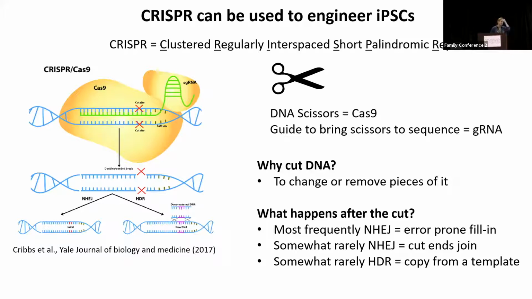And then the third thing that happens, even more rare, it happens about 5% of the time when we try to accomplish this. We can use a template. And by doing that, we stick in a copy of DNA, a small piece of DNA that we want copied into that place we just cut. Again, 5%, that's pretty inefficient at the end of the day, and that's in a dish in the lab. So why would we do this?